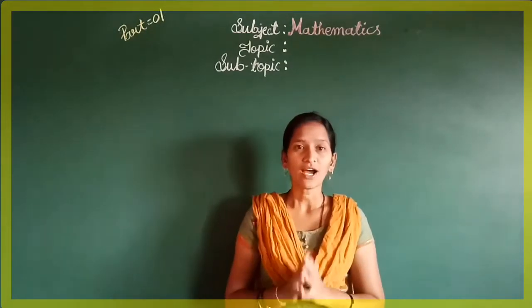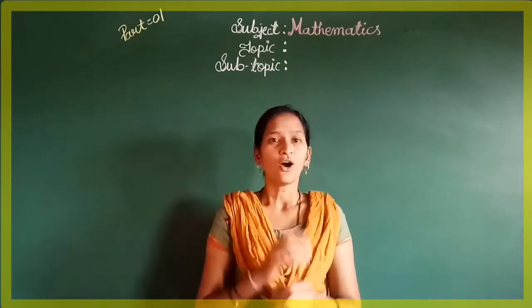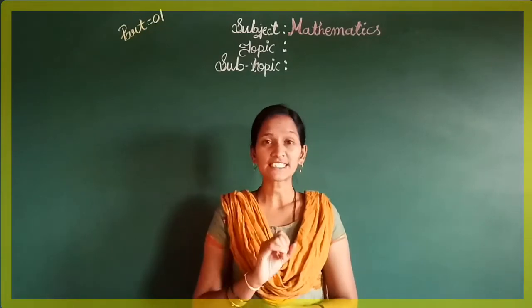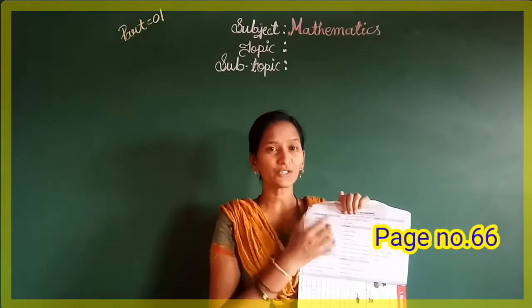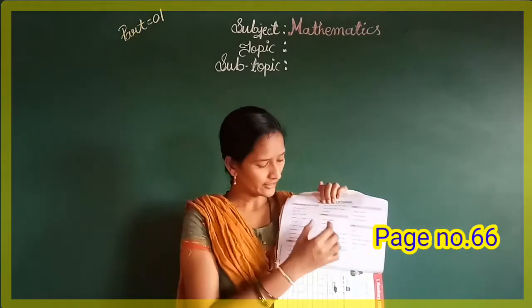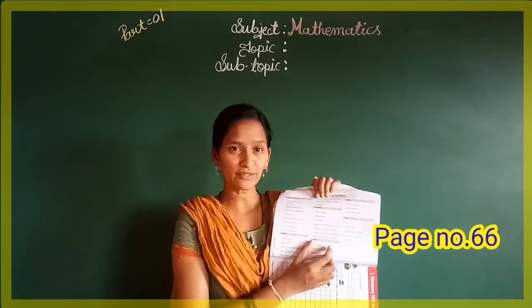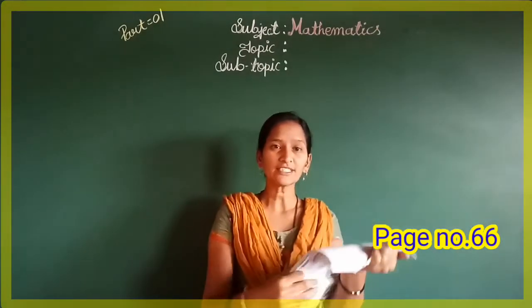Okay, so now I am reading the subcontents of the fractions chapter. All of you open your textbook and open page number 66. Children, look here, first chapter, numbers 100 to 999. The second one, addition. Third one, subtraction. Now come to the fourth chapter, that is fractions. So students, I am reading the subcontents.